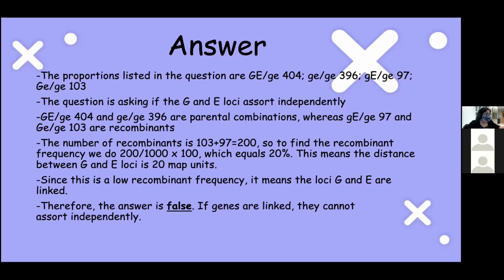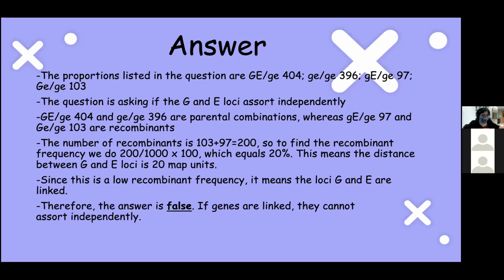So the parental combinations are big G, little e, which is 404, and little e, 396. And the recombinants are little g, big E, little e, which is 97, and big G, little e, 103.